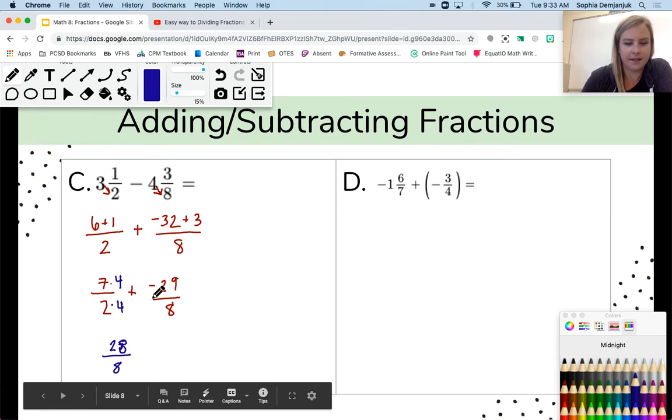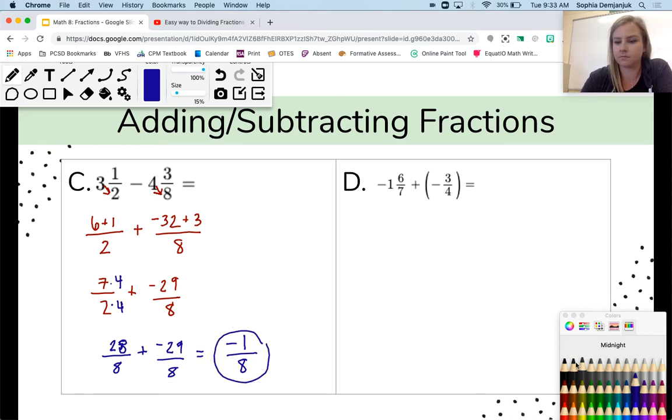Bring down the plus negative 29 over 8. You don't have to do anything to it because it's already an 8 in the denominator. Add the numerator. 28 plus negative 29 leaves me with a negative 1 over 8, which cannot be simplified.